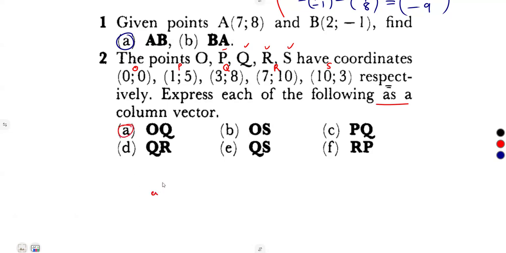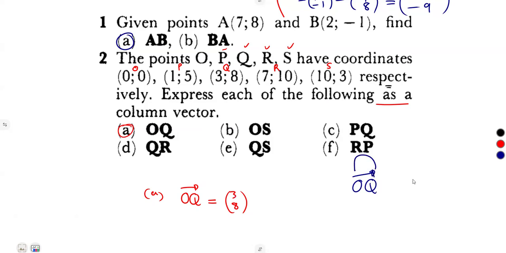A, vector OQ. So the vector OQ, guys, this one is simply what? The position vector. Like I said, from the origin, there's no effect. You simply take the point Q as it is, write it as it is. So that's 3, 8. If you were to have a calculation, since we are given the point O, we can have that one as a calculation.